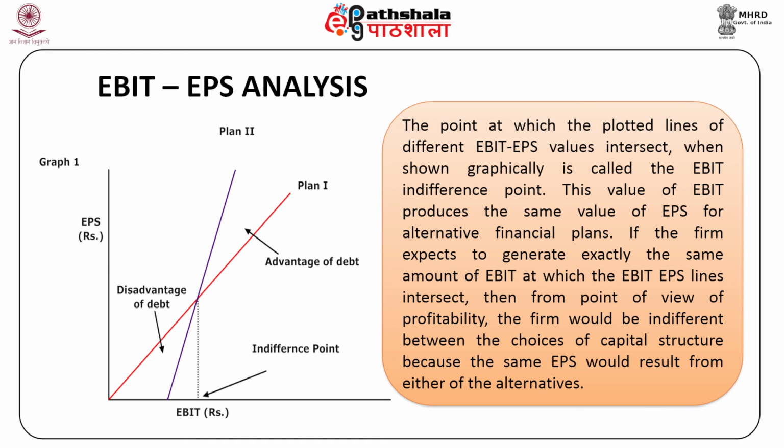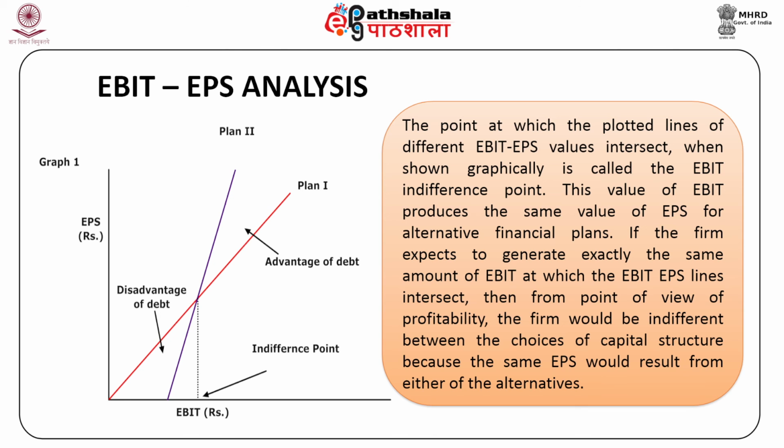That blue line is showing the advantage of debt and a break-even EBIT is considered. So at a break-even point, the two capital structures are giving the same EPS, and this graph is self-clear. The point at which plotted lines of different EBIT, EPS values intersect when shown graphically is called the EBIT indifference point.